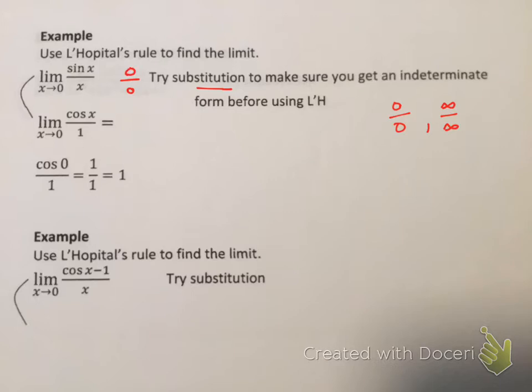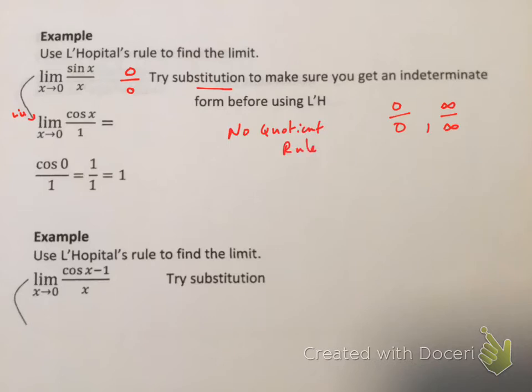This little symbol right here, if it was me writing on the board, I would draw an arrow and say LH, so that you know I've done L'Hôpital's rule. And L'Hôpital's rule says do not do the quotient rule. So no quotient rule when you do this. You're going to take the derivative of your numerator and then the derivative of your denominator.